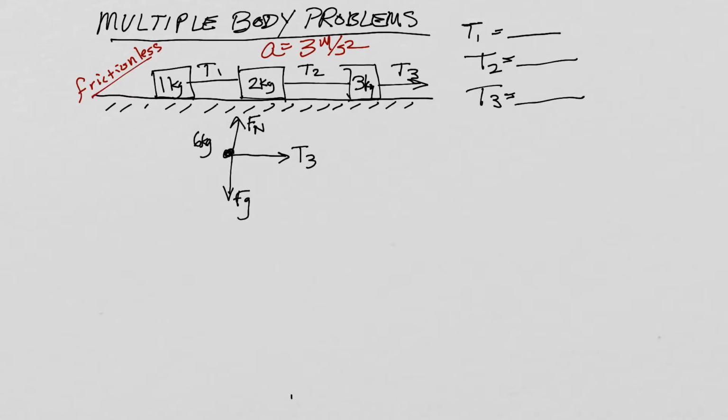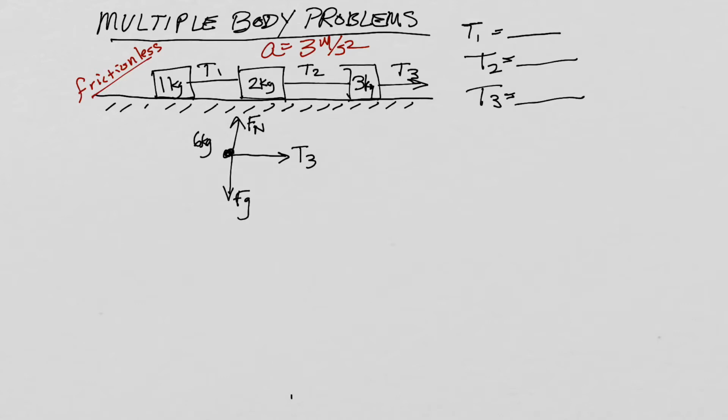Okay. In this case, because the problem is frictionless, it doesn't matter what's going on vertically. We don't care about the weight and the normal force. We can just focus on the acceleration caused by this force acting on this mass. So we're looking at T3 essentially pulling all three masses together.